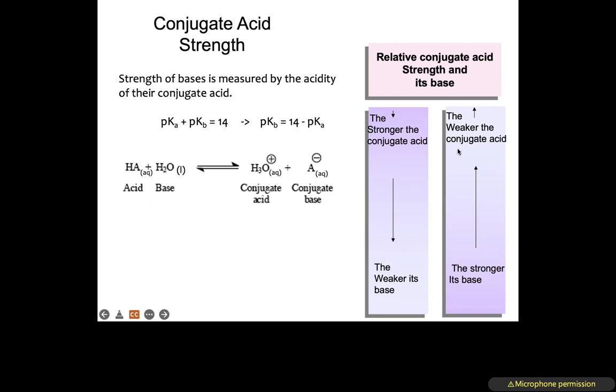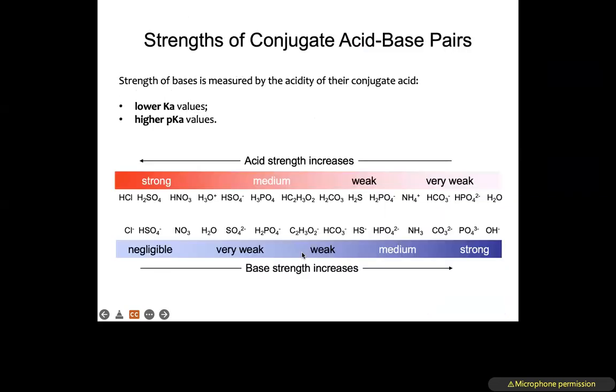The weaker the conjugate acid, the stronger its base. You can see here that again it is opposite. The stronger the base, the lower the Ka value and the higher the pK value for bases. For acids, it was opposite. Higher Ka value and lower pKa gave us a stronger acid.